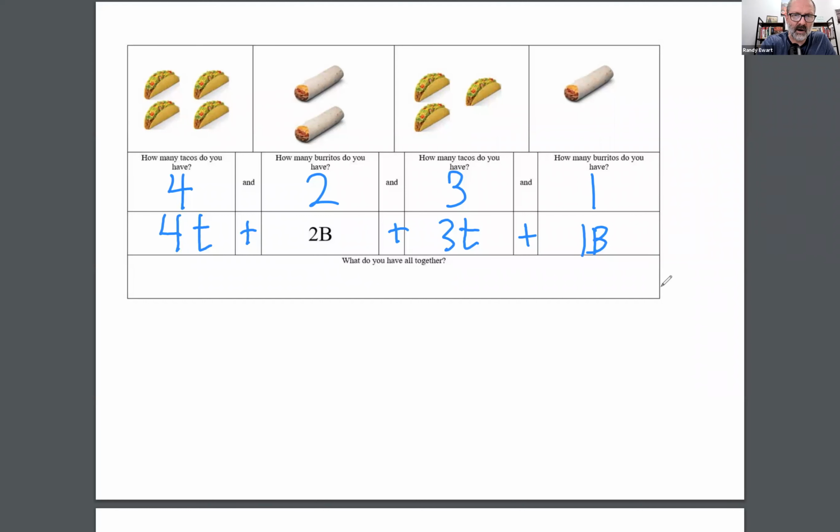Well, to simplify, we're going to do something called combining like terms. What are the like items here? Well, tacos are alike, so I'm going to combine those terms together. And then burritos are alike, so I'm going to combine those terms together.